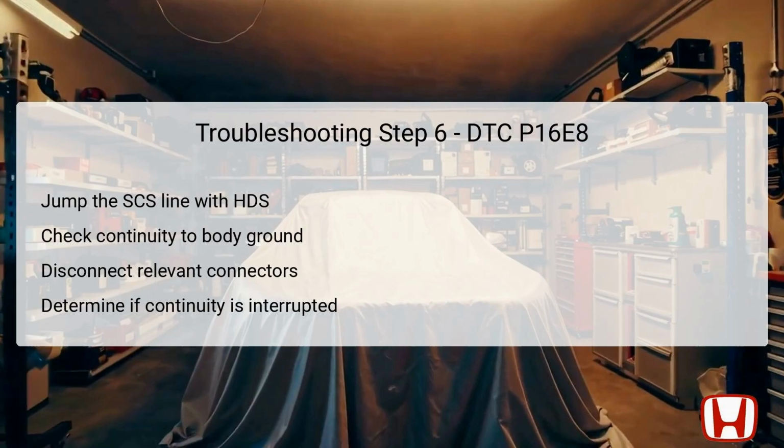Step 6 focuses on checking for shorted wires within the circuit linked to the LIN system. This requires the technician to jump the SCS, short circuit sensor line, using the HDS, which sets the stage for continuity testing. A wait of more than 1 minute is necessary after performing the jump to allow the system to stabilize.